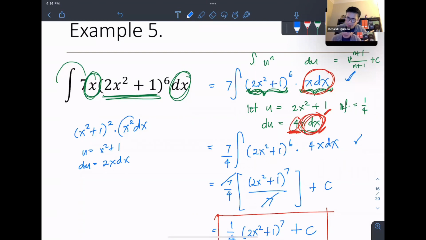These are not the same. This is x squared, this is only x. If that is the case, we cannot use the power rule. We can only use it once we derive u and the entire variable part is exactly the same as the one left in the given integrand.